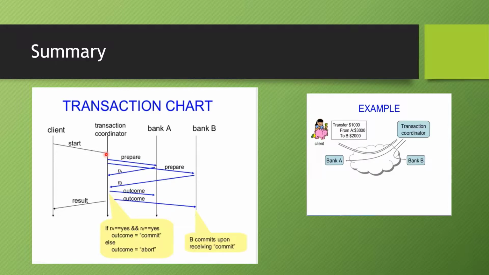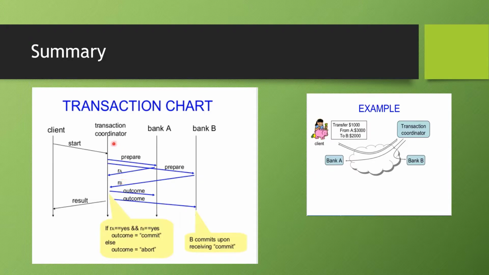For knowing the status, the coordinator executes the two-phase commit protocol. Now what happened in the first phase? The transaction coordinator asks the status by sending a prepare T message to all the participating sites, that is bank A and bank B. On receiving the prepare message, the participating sites respond. Let RA and RB be the responses.